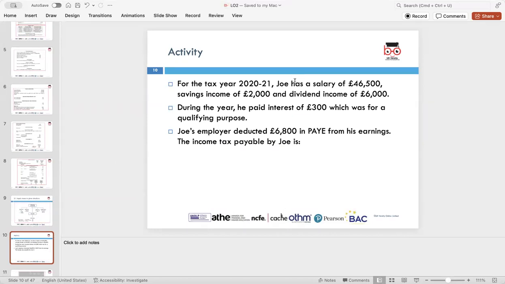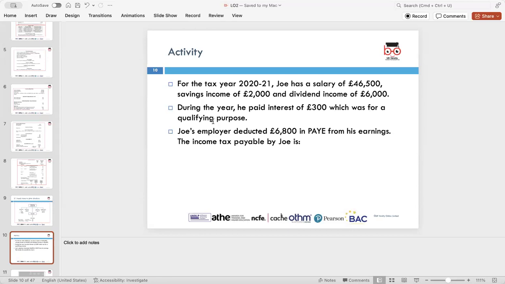He has a salary of 46,500 pounds, savings income of 2,000 pounds, and dividend income of 6,000 pounds. During the year, he also paid interest of 300 pounds, which was for a qualifying purpose.